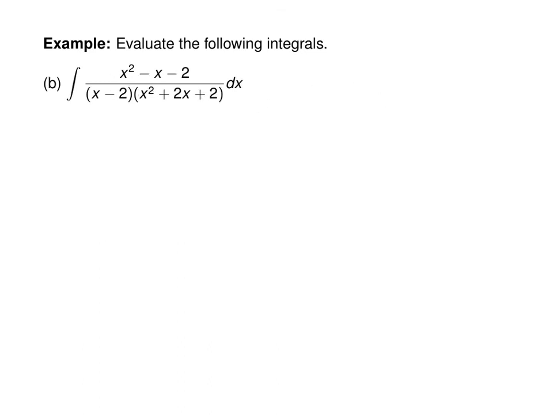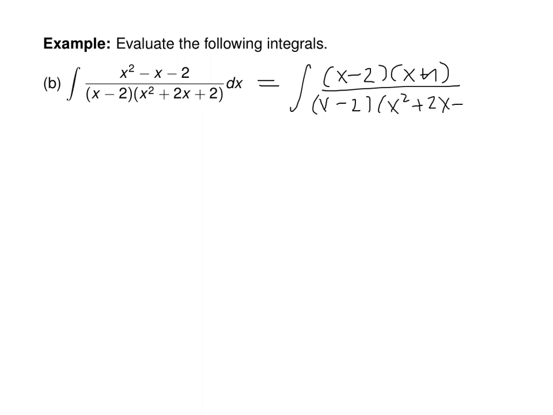Another thing to be aware of is if you can cancel factors and simplify, you should do so. So this numerator factors into x minus 2 times x plus 1, all divided by x minus 2 times x squared plus 2x plus 2. So those x minus 2 factors can cancel, and we have the integral of x plus 1 over x squared plus 2x plus 2. And let's try to do a u sub.